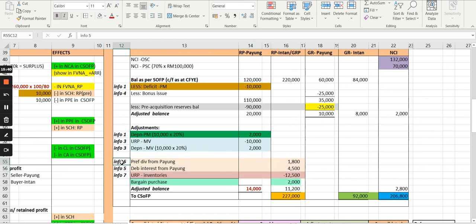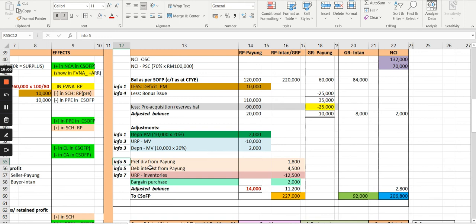So information number 5 was regarding dividend or intra-group dividend, where the subsidiary company has recorded but the parent has not credited the preference share dividend. You can check that information. Go and download the question that I provide at the bottom there and check and do it with me, so that preference dividend and the interest receivable has not been credited.